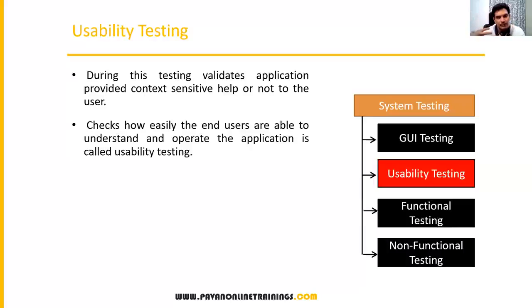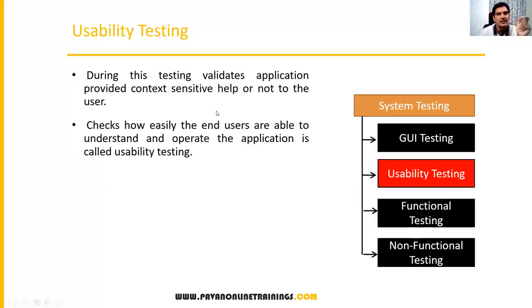From a user's point of view, I should be able to understand the document. It should be in very simple English, and even non-technical people should be able to understand it by reading, and work on the application by taking help from the documentation without depending on any other technical people. That comes under usability testing.